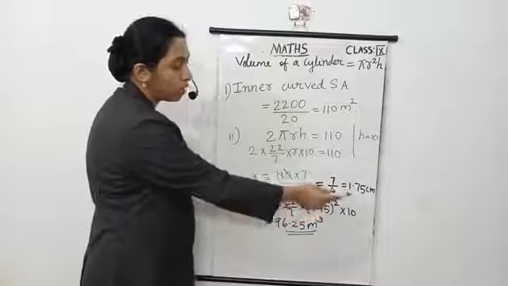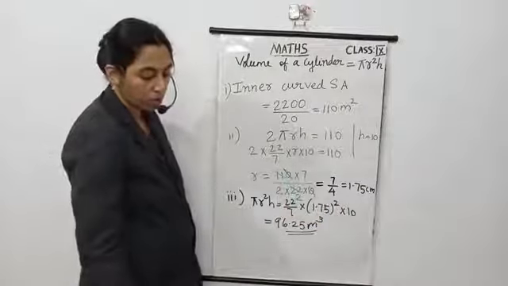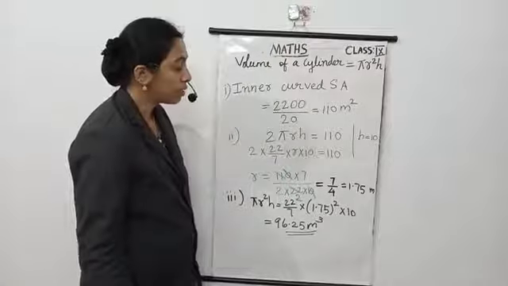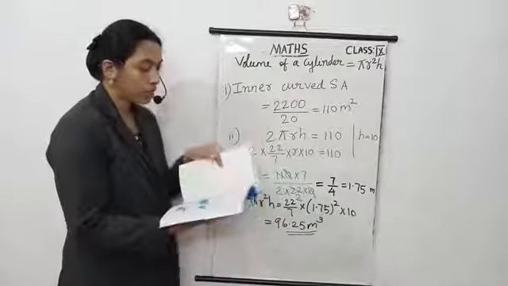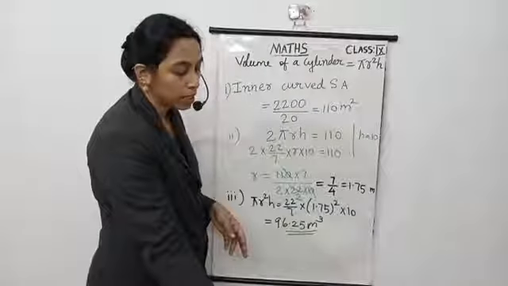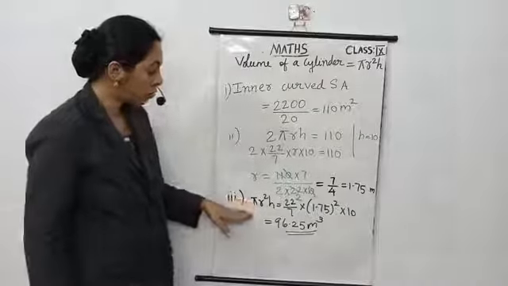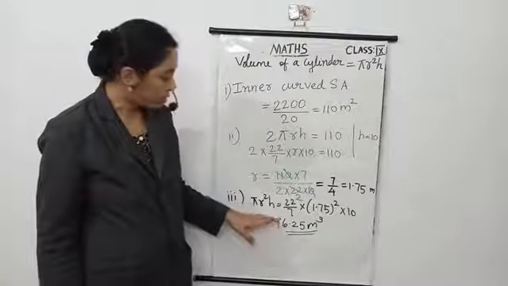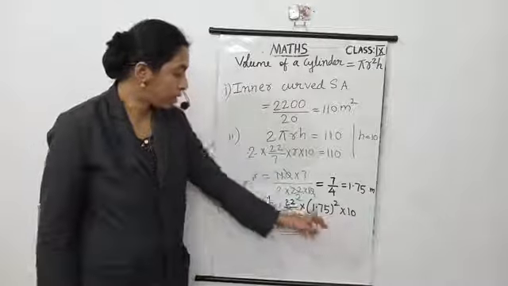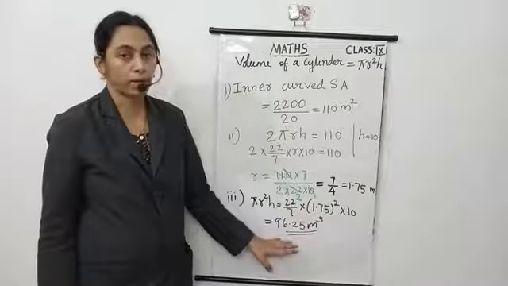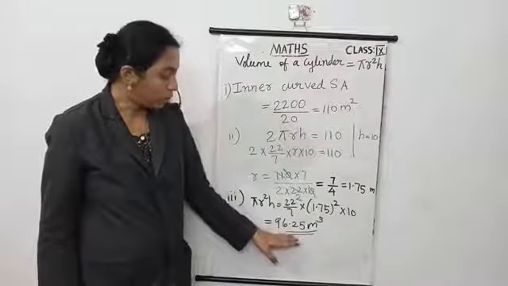After division we get 1.75 meter. Now the third question is the capacity of the vessel. That means we need to find the volume, pi r square h. Substitute the values of pi, r and h, then multiply. We get its capacity is 96.25 meter cube.